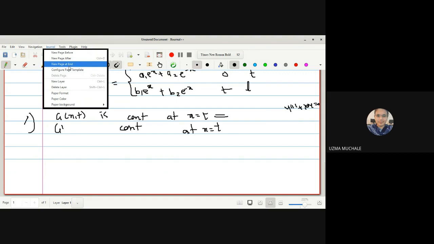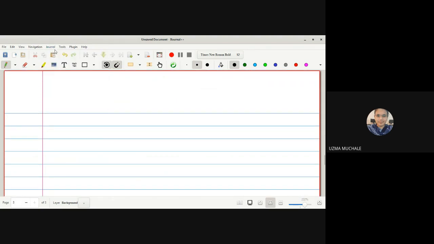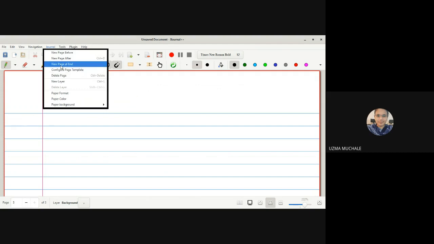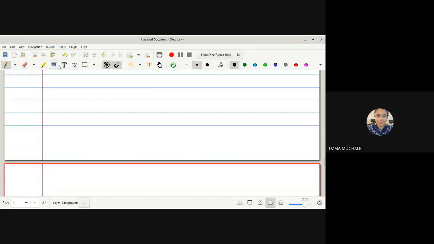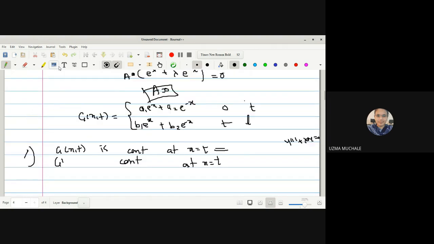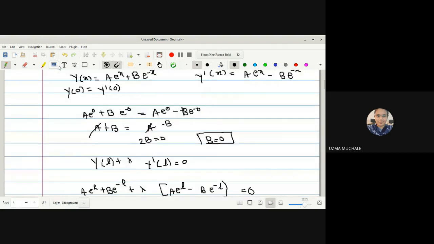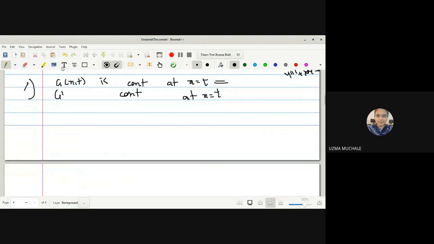Next, what is the next condition? g dash of x,t has a discontinuity of order minus 1 upon p of t. What do you mean by minus 1 upon p of t? p of t is the coefficient of highest order derivative. Now we can see the coefficient of highest order derivative is 1. Okay, so be clear on that.